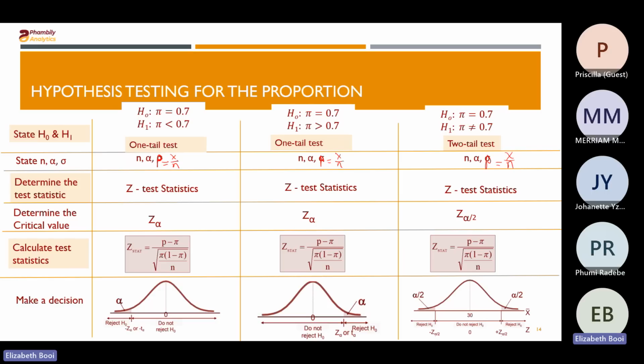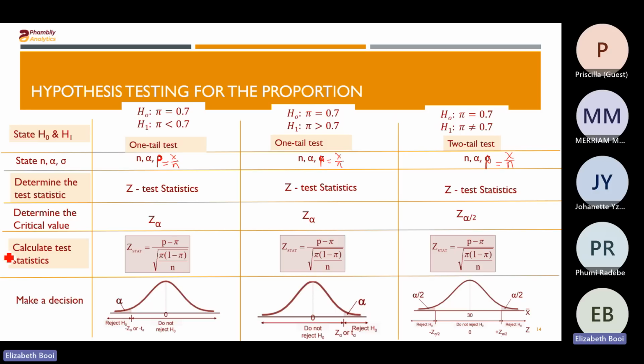When we're looking at the proportion, we always use the Z test. So you're going to find the critical value using your Z value. For one tail, it will just be Z alpha. For two tail, it will be Z alpha divided by 2.